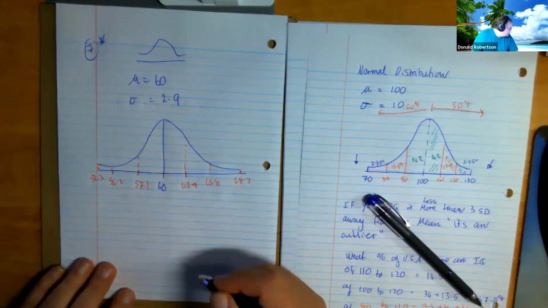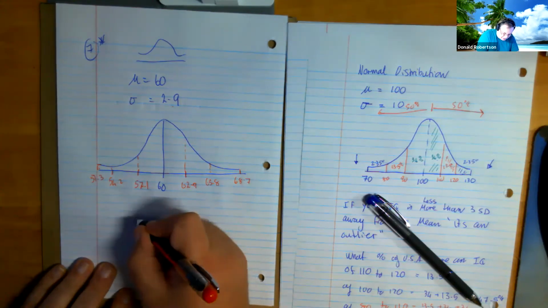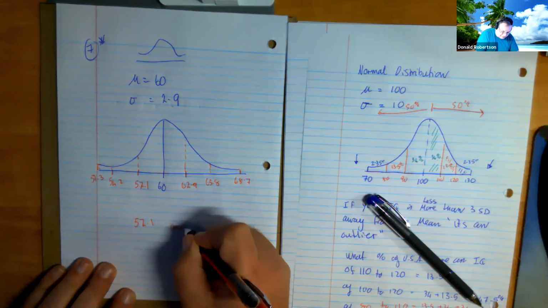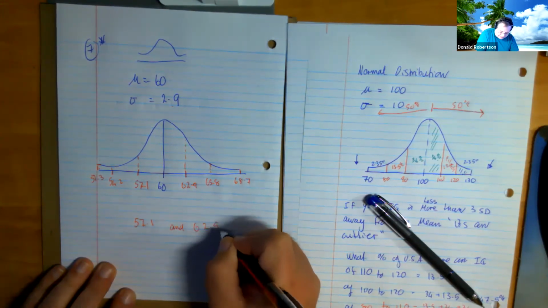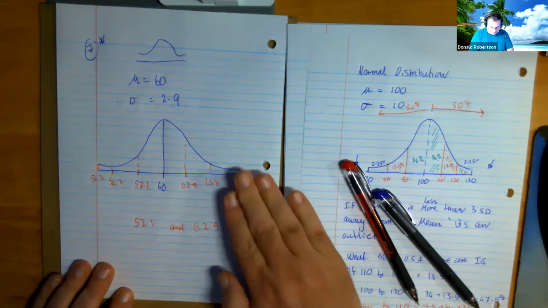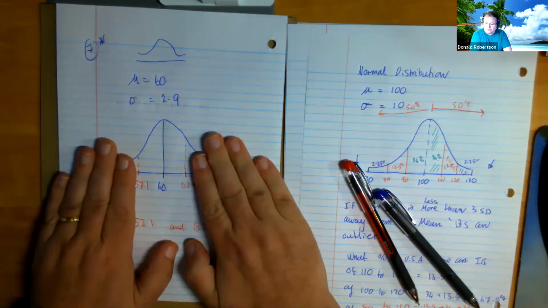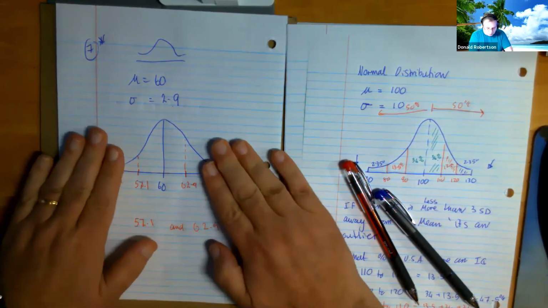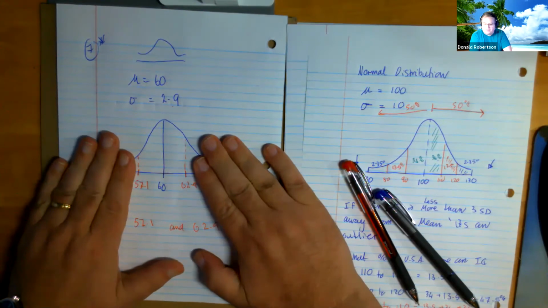One of the questions says, what percentage of women are between 57.1 and 62.9? If I look at my picture, aren't we talking about those two pieces of cake? What percentage of people live in that piece of the cake?